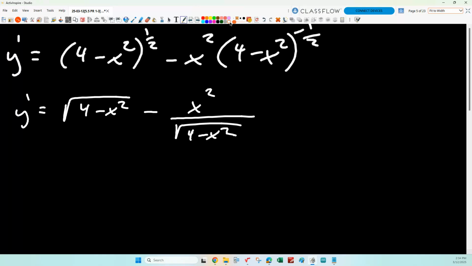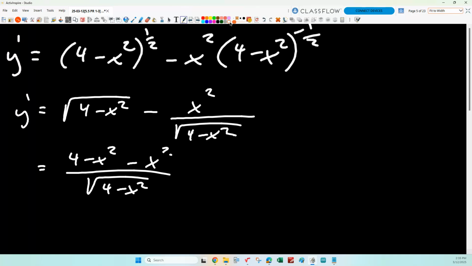I have to do something to that first term, don't I? Okay, so I'm going to multiply this by square root over square root, right? Then that's just going to give me 4 minus x squared over my common denominator, 4 minus x squared, right?